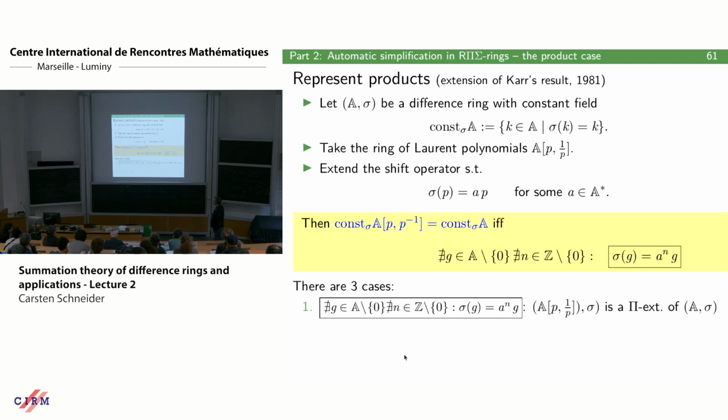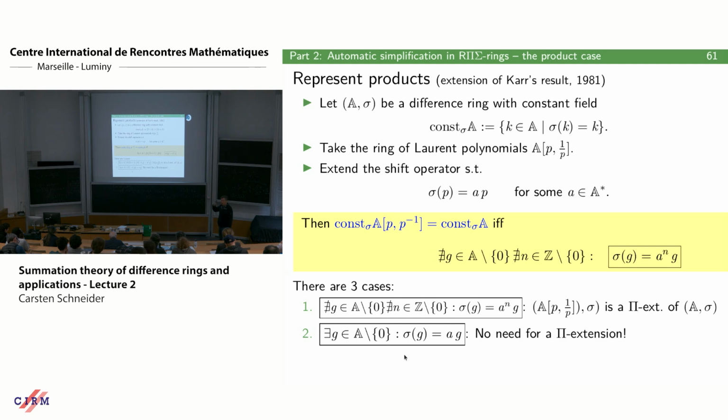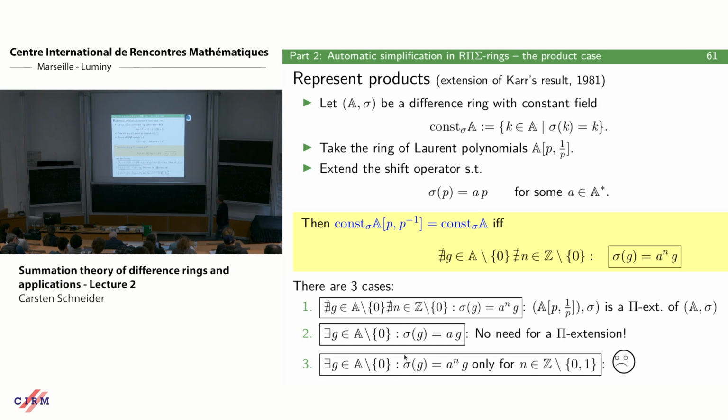This criterion is satisfied. I don't find a g and a n with this property. Then I can join a variable. I'm done. There's the case that I find g's which exactly models the shift behavior of a product. I'm also done. But there might be also the case that I find something, but only if I raise it to a certain power, but not for n equals 1.